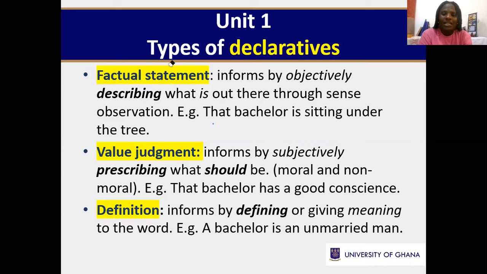Look at the keywords there. It describes what is there. How does it do the description? Objectively. What means is adopted? Observation. So if we understand these three, it will give us a fair idea of what we would call a factual statement and how we would want to distinguish that from a value judgment.